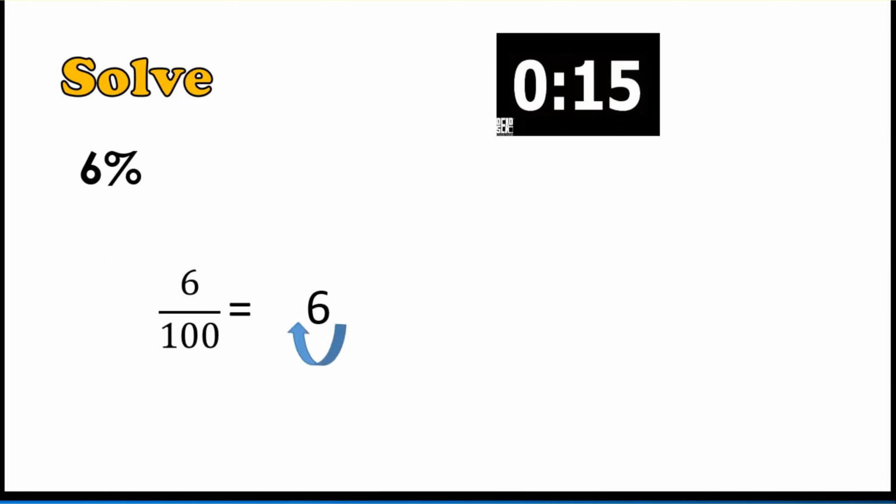Since nag-move tayo ng isang beses, dalawang beses, magiging 0.06 na po siya. Since 6% po kasi, 2 decimal places ang i-move natin. So 0.06.